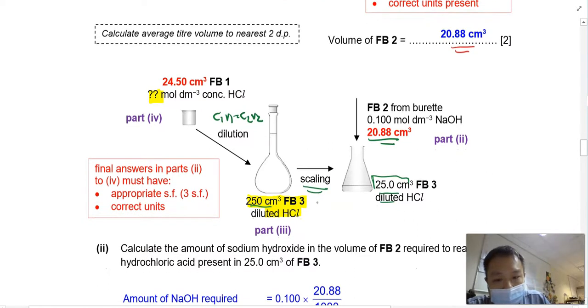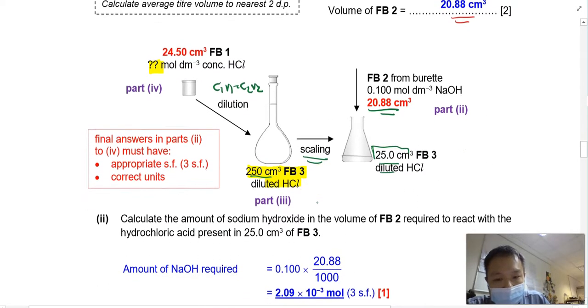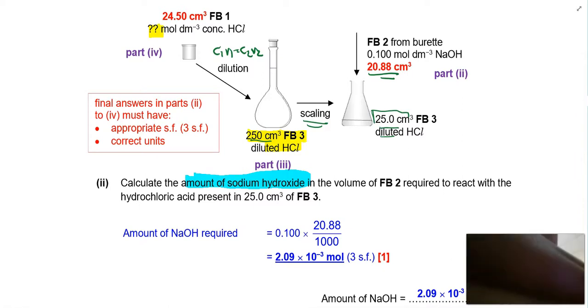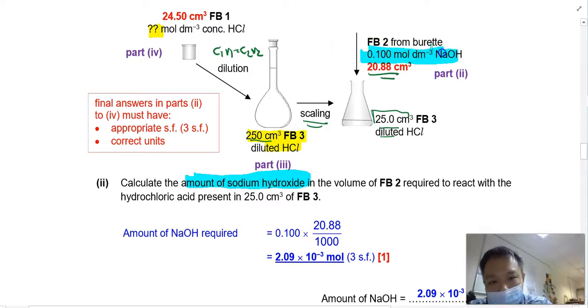Okay, so we're supposed to calculate the amount of sodium hydroxide in the volume of FP2 required to react with the hydrochloric acid. So the question is the amount of sodium hydroxide. And this is really quite frustrating. I have some of you who use mass over molar mass, which is not applicable here because you have a solution. A solution is not even a solid sample. How can you use mass over molar mass? Next, I have people who ridiculously use molar volume.